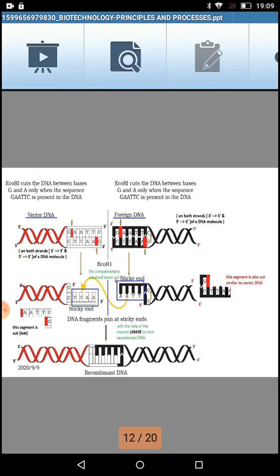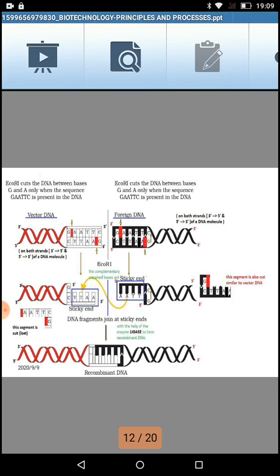Once it gets that sequence on the DNA, what it is going to do, it is going to cut that DNA a little bit away from the center. Like it is GAATTC, so AT will be the center. It's not going to cut the DNA between A and T. It's going to cut the DNA between G and A, a little bit away from the middle part of the palindromic sequence, the recognition sequence.